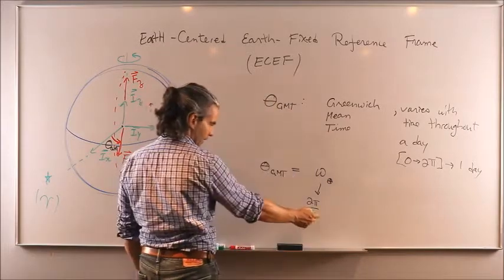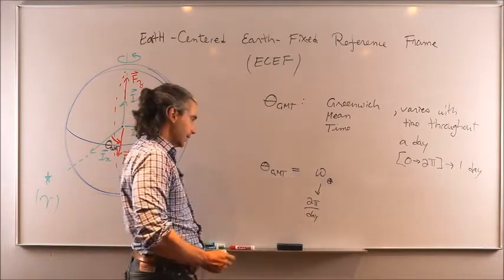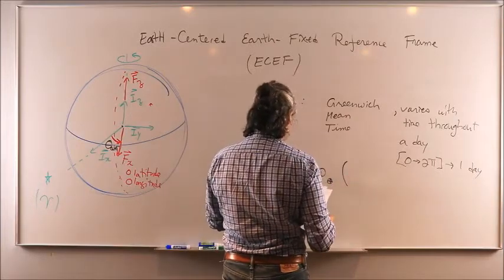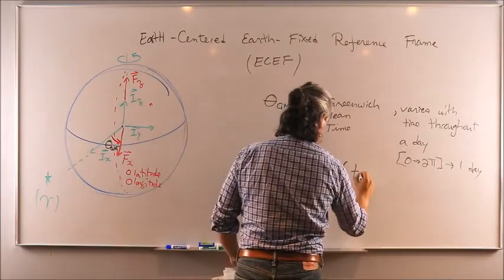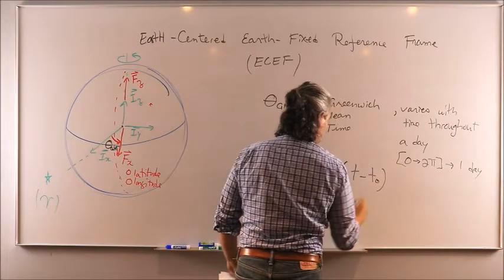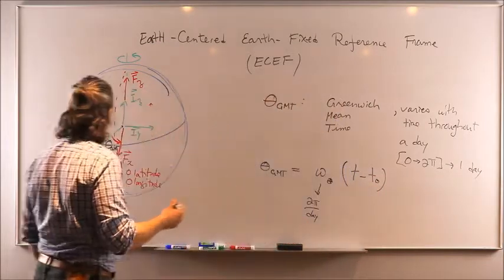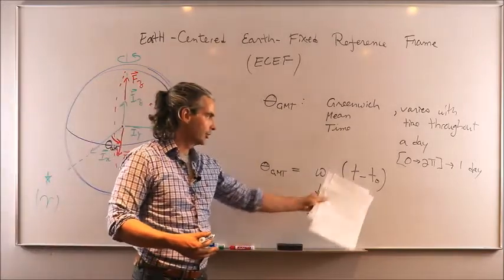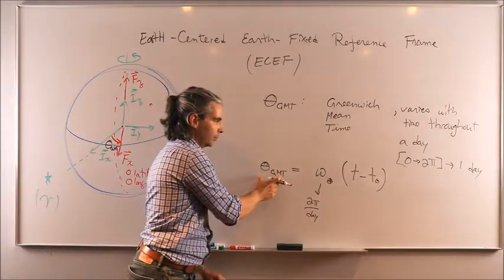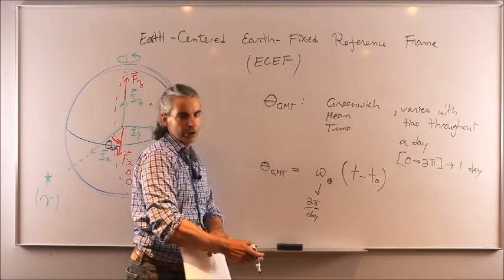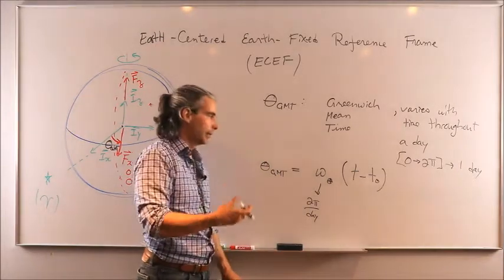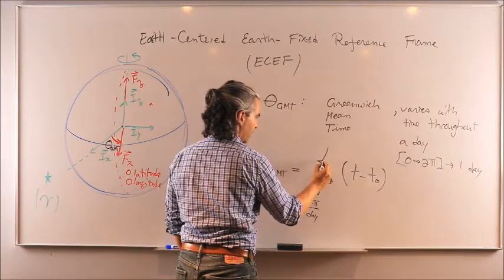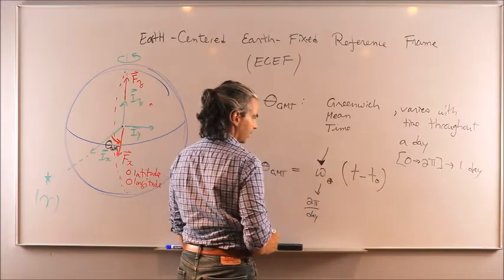I'll let you do the math to convert days to seconds. Times the time elapsed from some initial time. That initial time is arbitrary. It just means that the angle you get will be the angle between your initial time and the current time. It doesn't matter, again, because the relationship is done through a constant scalar here. Okay?